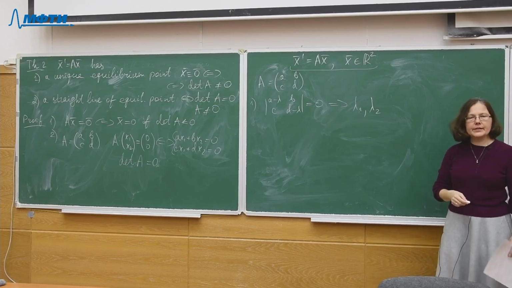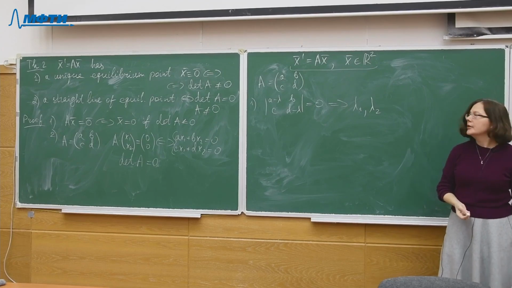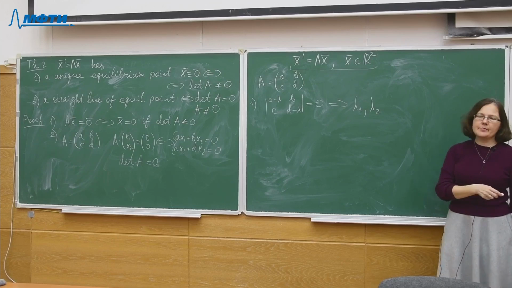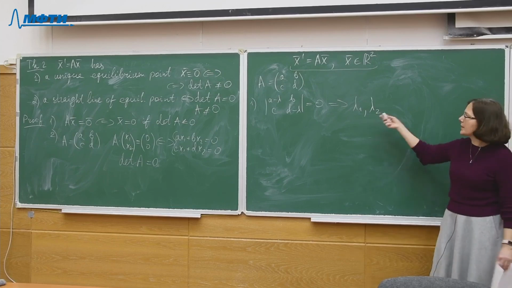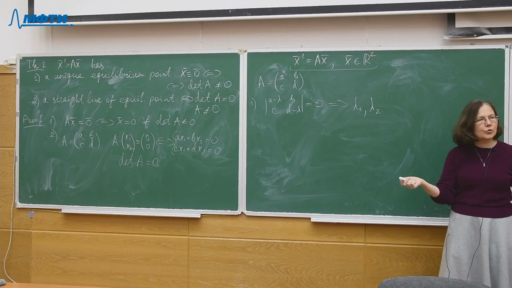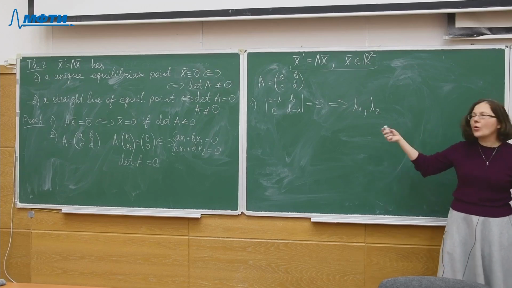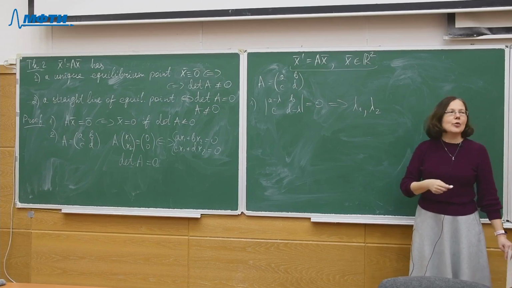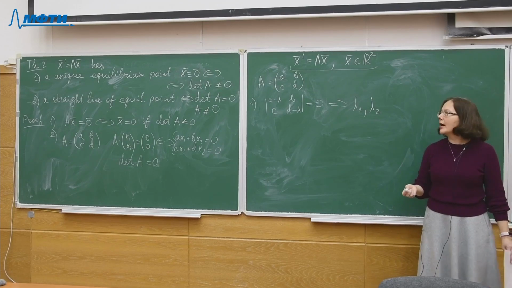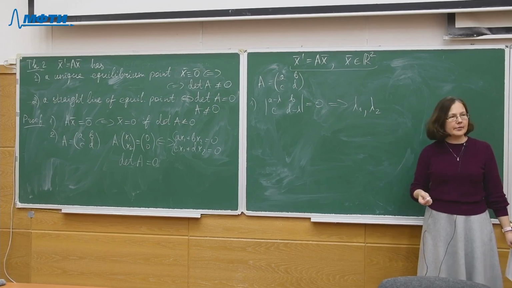They may be identical or different, so there may be a repeated root, two different roots, or complex roots. Depending on the nature of these eigenvalues, we will try to classify phase diagrams.